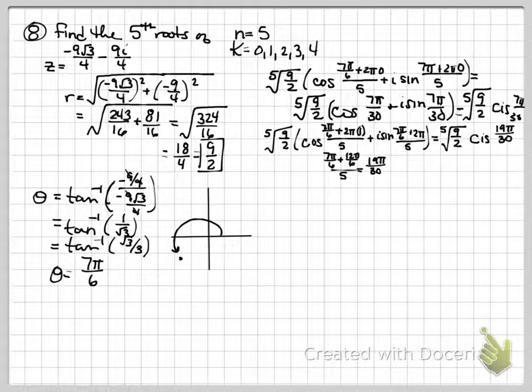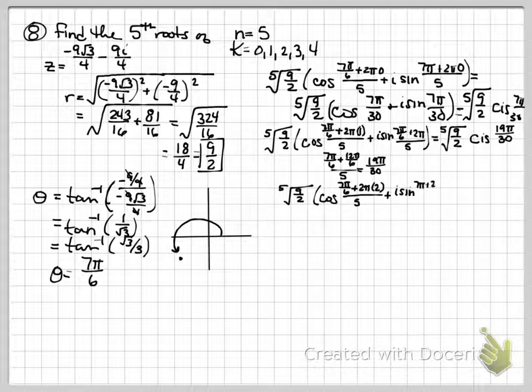Okay, now we're on to the third one. Same thing. 5th root of 9 over 2 times the cosine of 7 pi over 6 plus 2 pi times 2 all over 5, plus I sine of 7 pi over 6 plus 2 pi times 2 over 5.